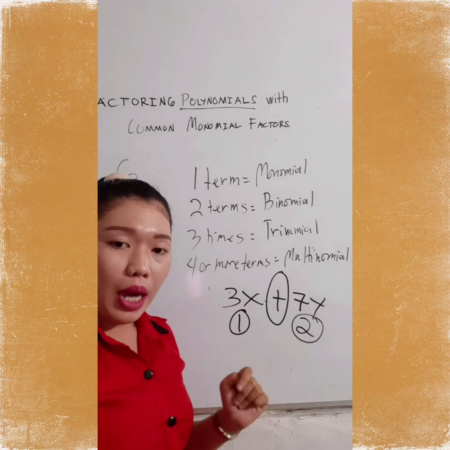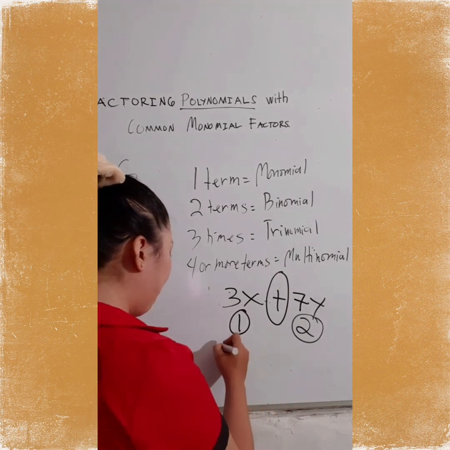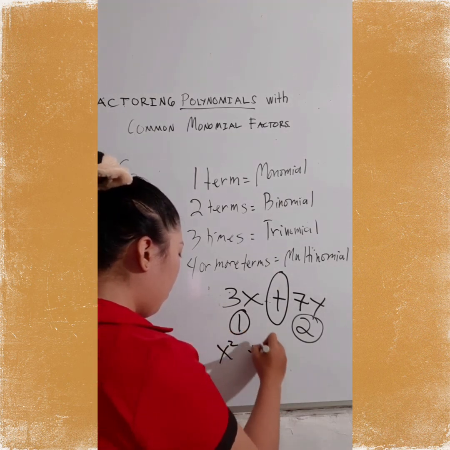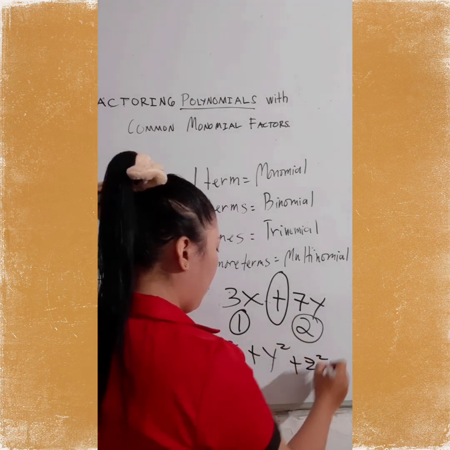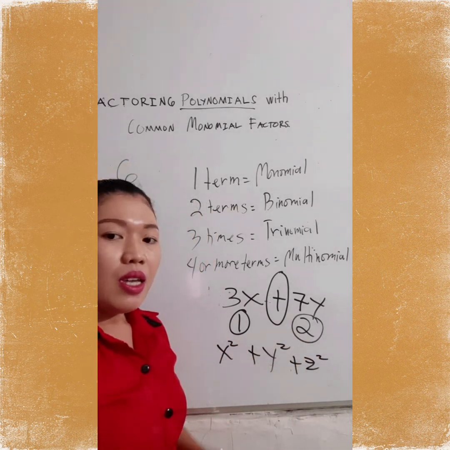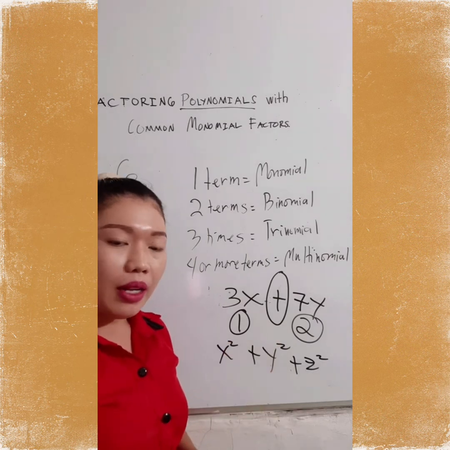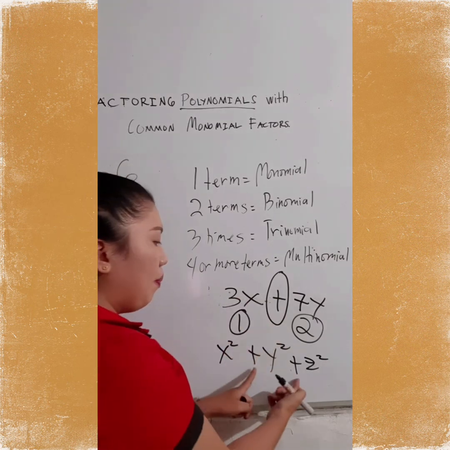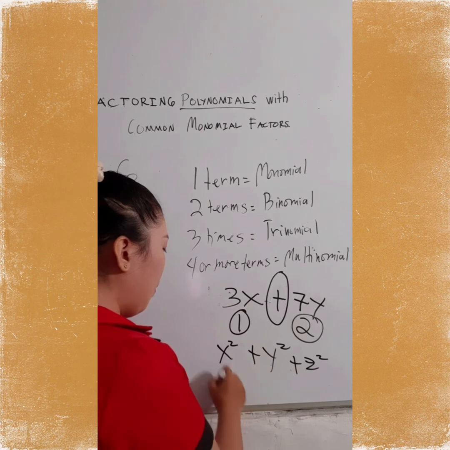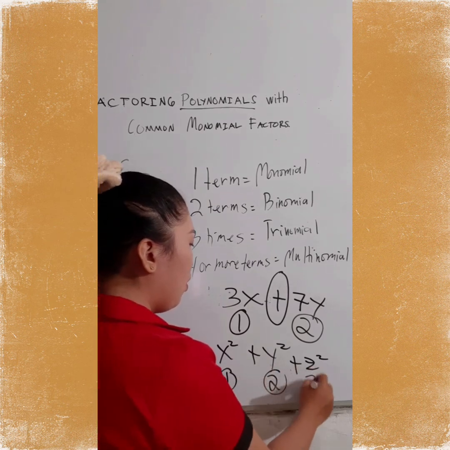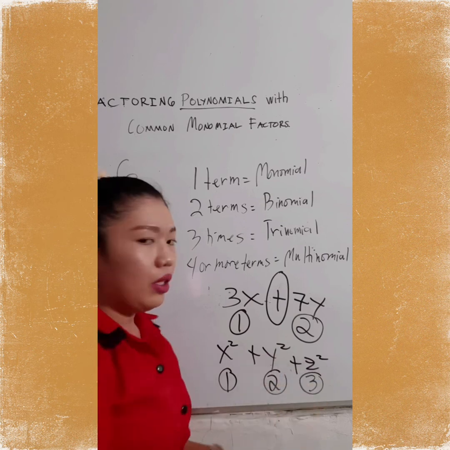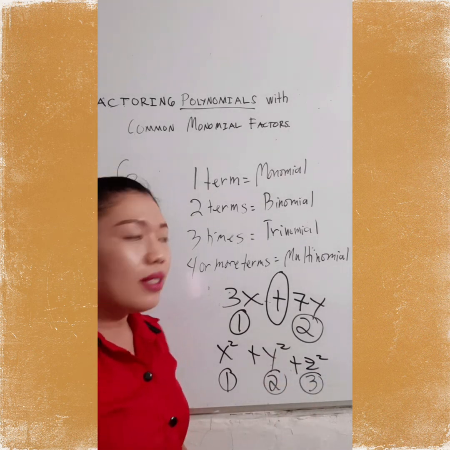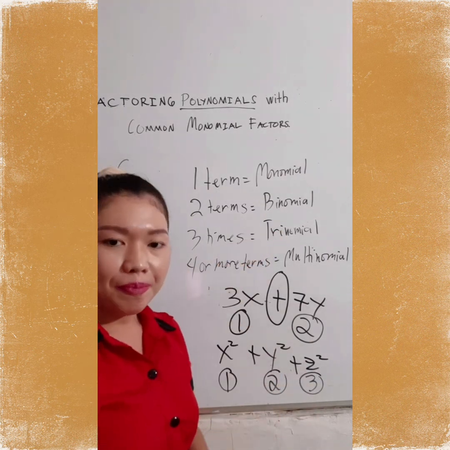How about if we have something like this one? Since it is divided by plus signs and it is composed of 3 terms, the x squared, y squared, and c squared, we call this one trinomial.